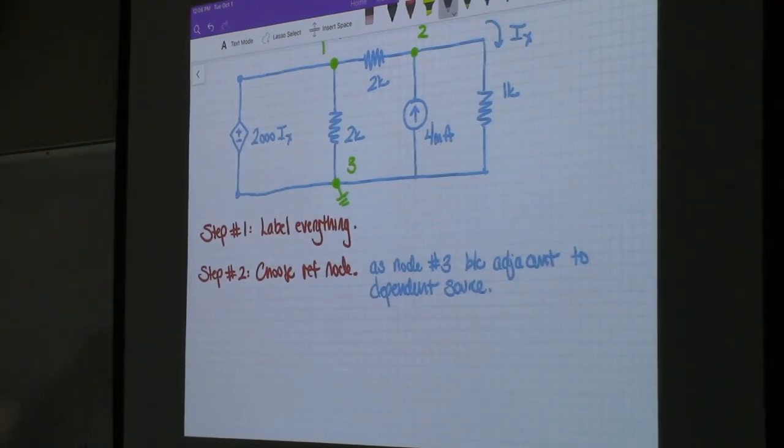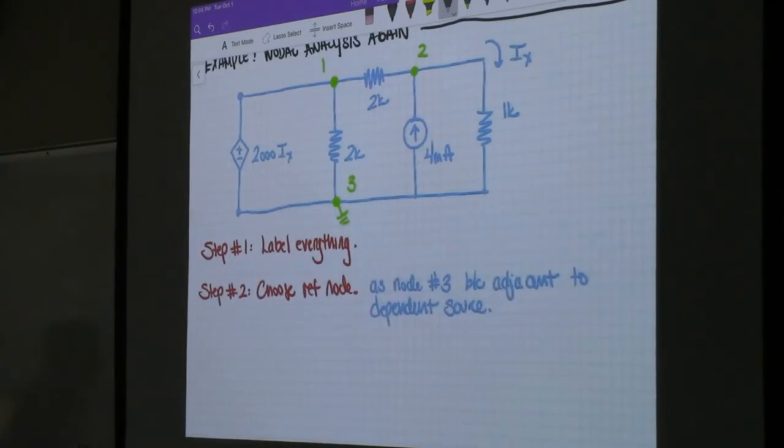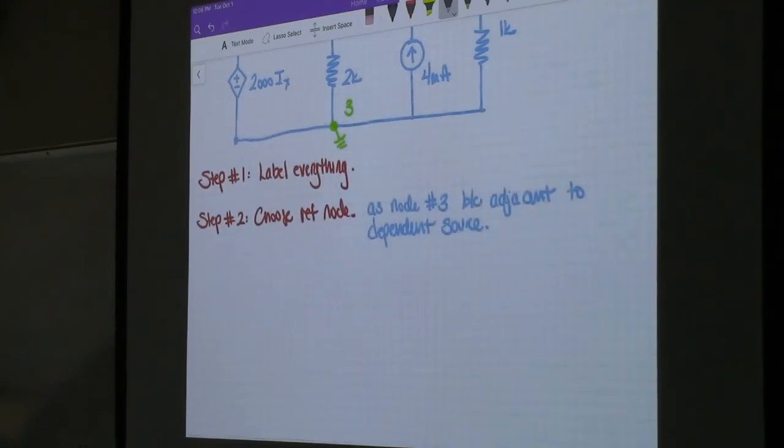All right. And we don't have a supernode for this problem because of the way we chose our reference.